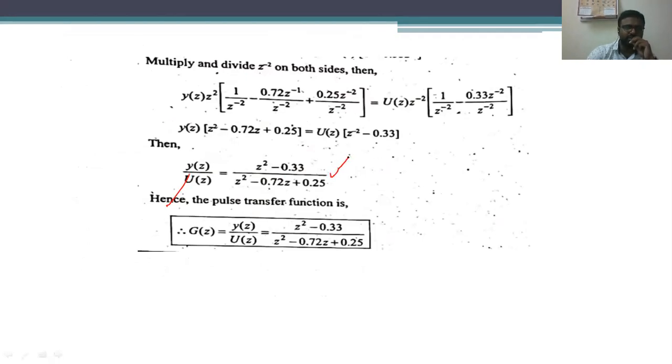So the pulse transfer function is nothing but the Z transform of the output to the Z transform of the input. Therefore, Y(z) divided by U(z) is equal to z square plus 0.3z divided by z square minus 0.7z plus 0.25. In this way we need to determine the pulse transfer function or Z transfer function.